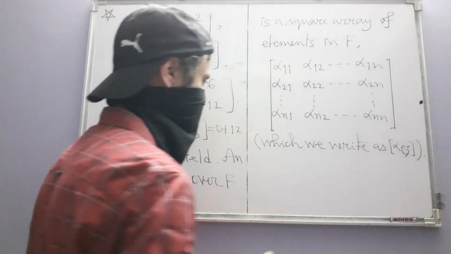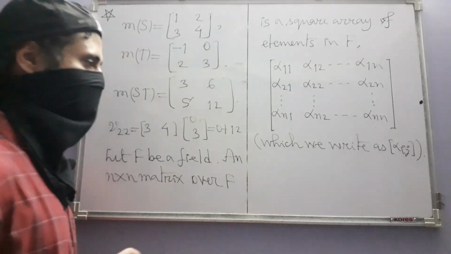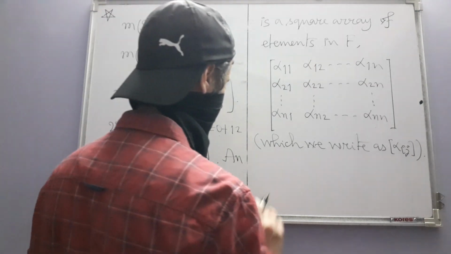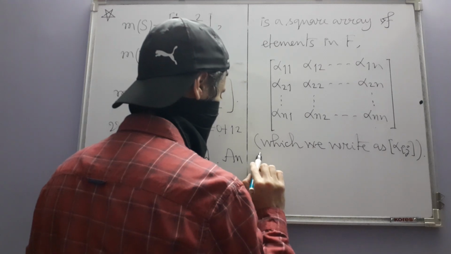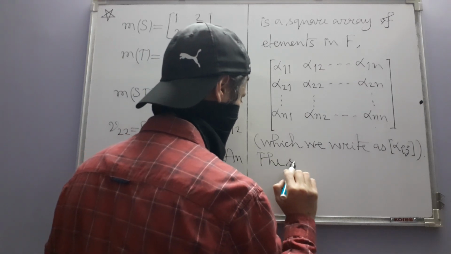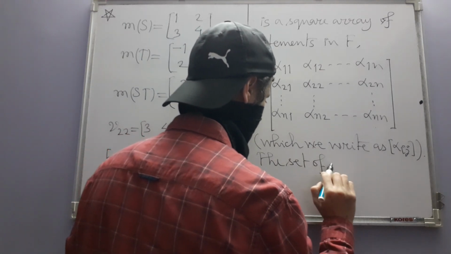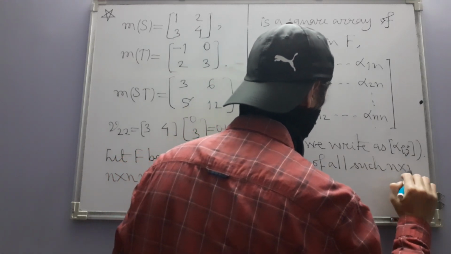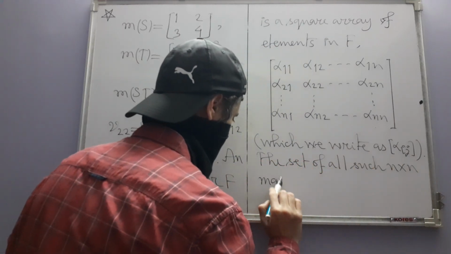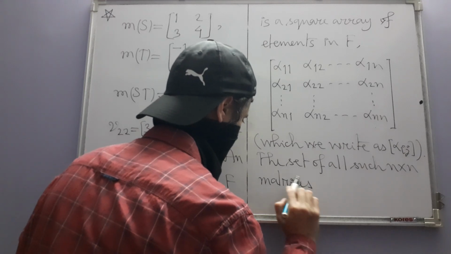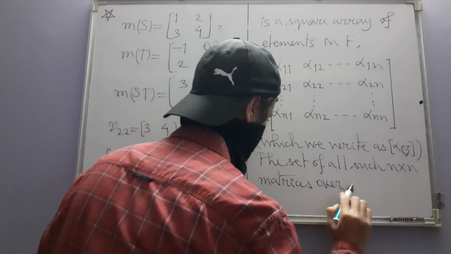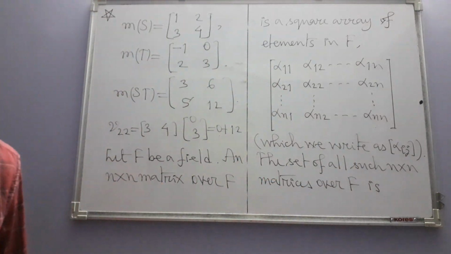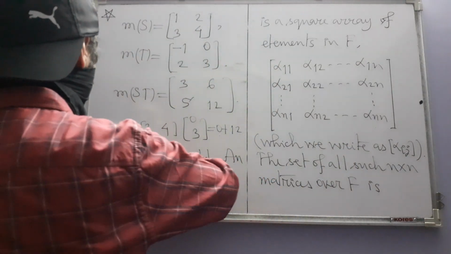Now we are going to give some name to the set of all matrices that can be considered in the present situation. The set of all such n by n matrices over F is going to be denoted by F suffix n.